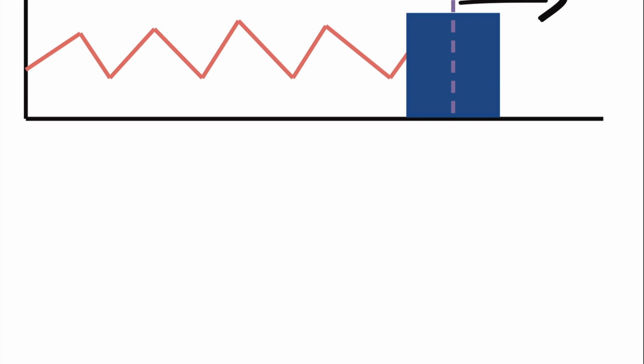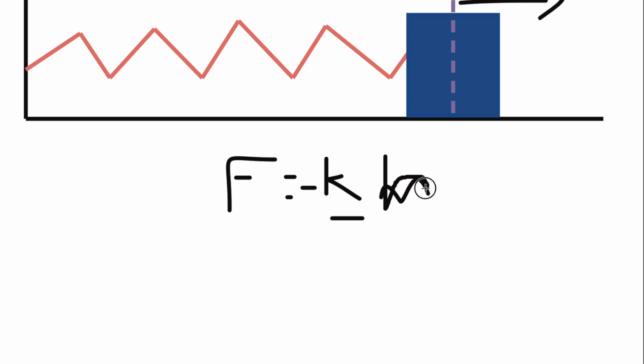But some of you might think, wait a second. If you pull it back farther, the force of the spring equals negative k, the spring constant, times d, the distance pulled back.